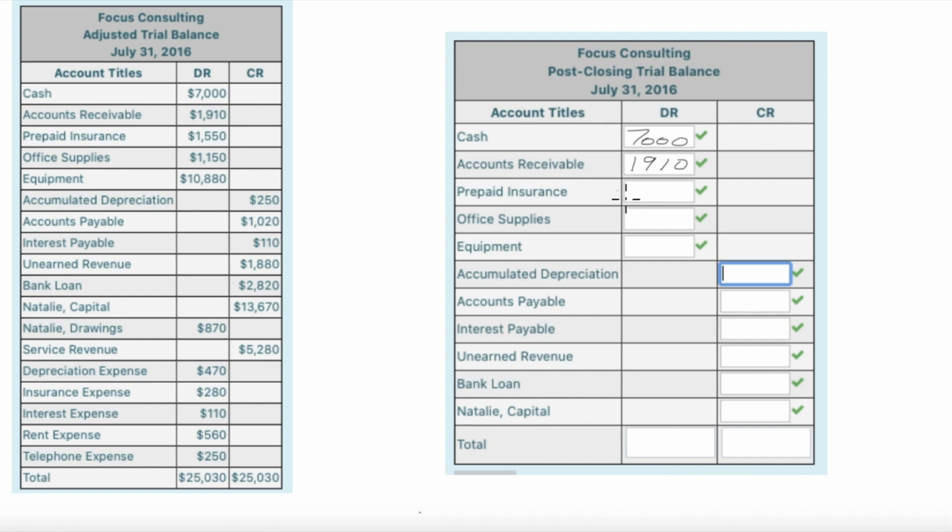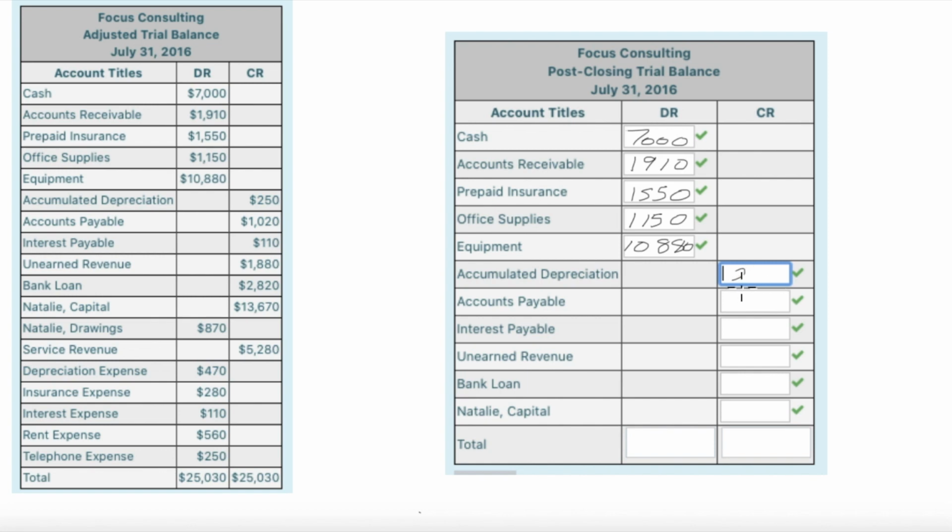Our prepaid insurance might still carry over depending on when we purchased it. Right? It doesn't zero out at the end of the year. Our office supplies doesn't zero out, right? We still have pens. We still have all the paper. So that gets carried over. Our equipment, obviously, we still have. That isn't zeroed out. Our cumulative depreciation, does that change?